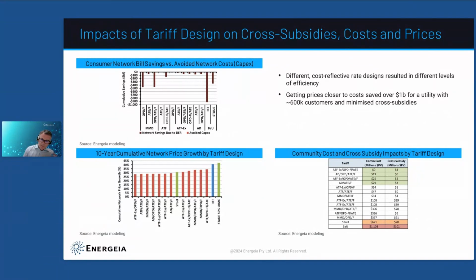The one that was most efficient had the lowest overall community costs relative to the baseline, and had also the lowest cross subsidy. So any of these we felt would fall into a good rate design, and things like seasonal time of use and just business as usual flat had a much higher community cost, mostly because of overconsumption in solar and much higher cross subsidies.